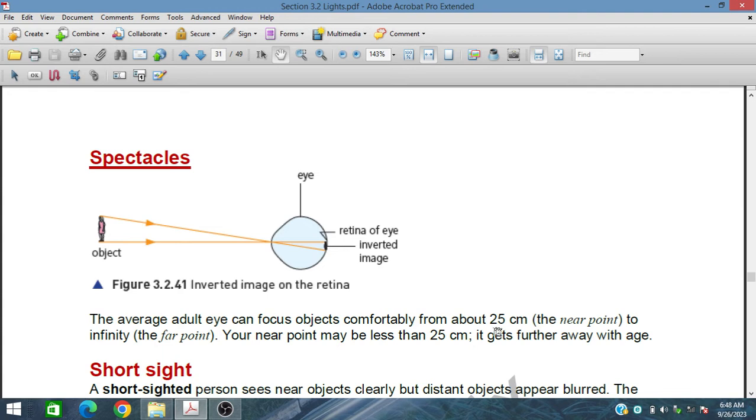So 25 centimeters is sufficient for a normal human being. The near point may be further than 25 centimeters with age, so this value may change with age and other medical reasons.